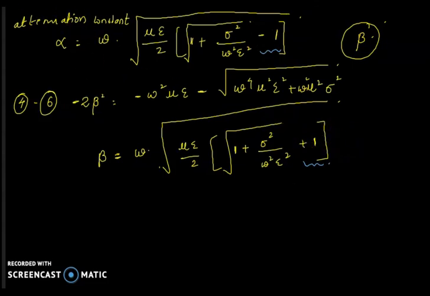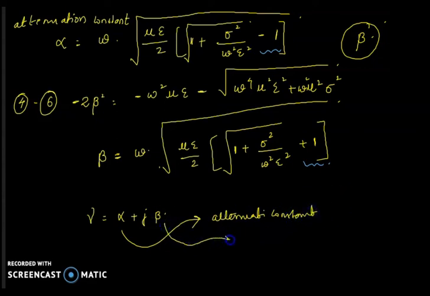So finally we obtained what is the attenuation constant and what is the phase shift constant. So the propagation constant, gamma, is expressed as a complex function, alpha plus j beta, where alpha is the attenuation constant, whereas beta is the phase shift constant.